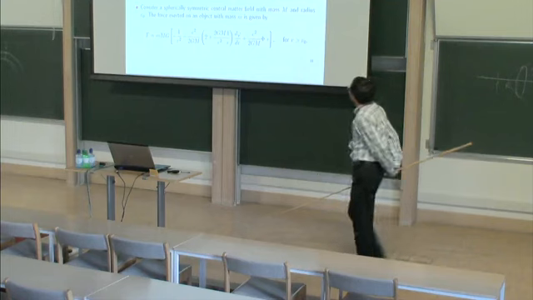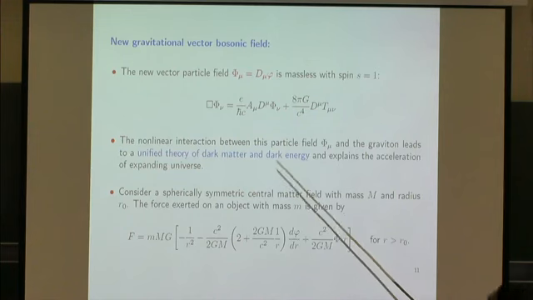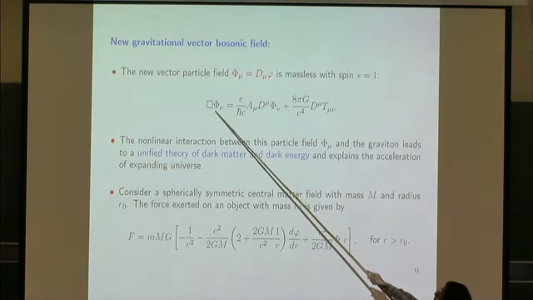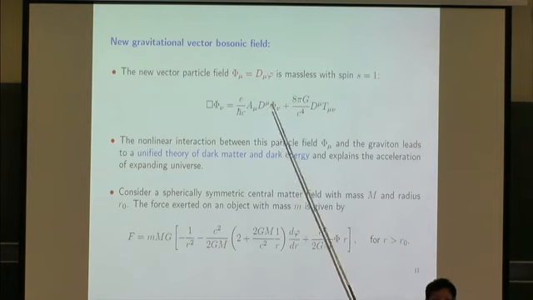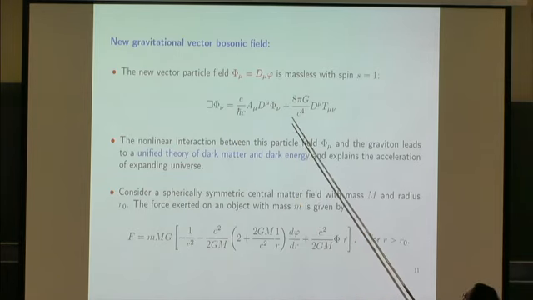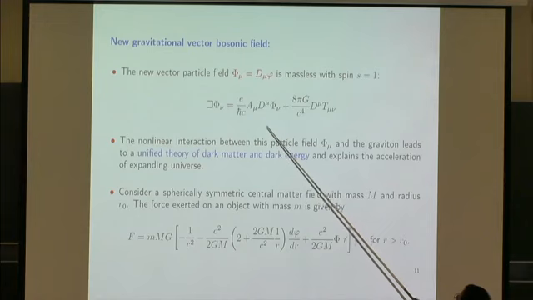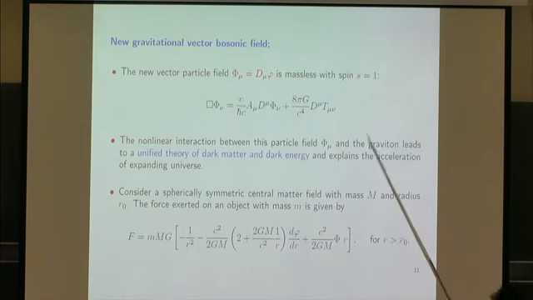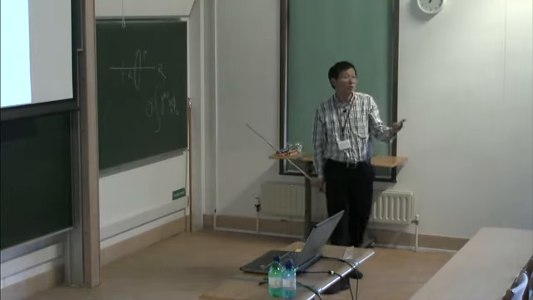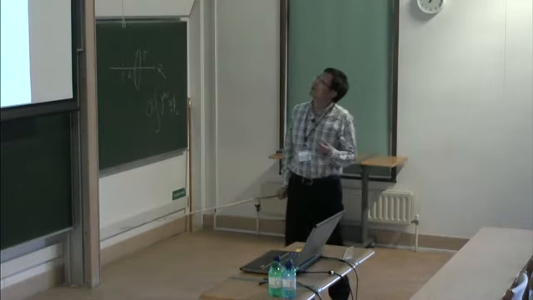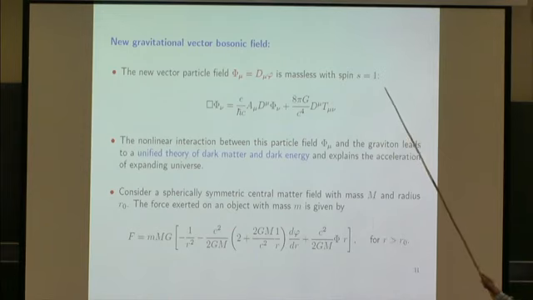But if you take the divergence of the field equation and modify the Einstein equation, supposing the universe also contains an electromagnetic field, you derive a Klein-Gordon equation for this φ_μ. So from the particle physics point of view, this represents a new particle field, a spin 1 bosonic particle.